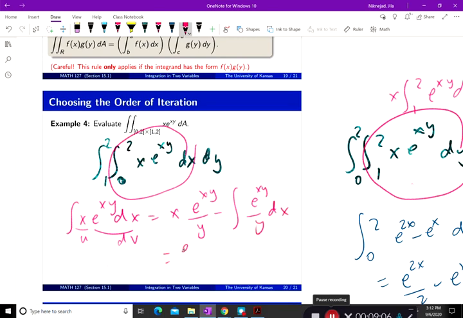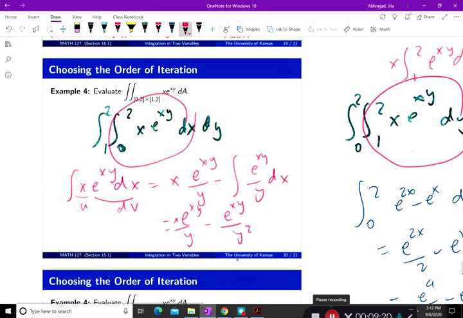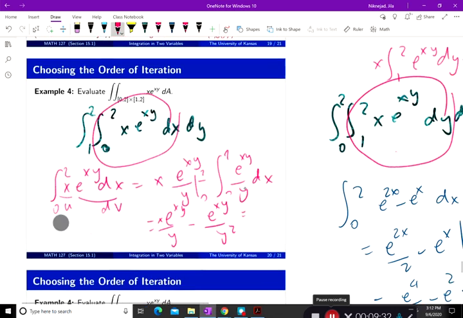That is x e to the power xy over y, minus e to the power xy over y squared. And then you plug in the values at this point, from 0 to 2, so a lot more work basically.